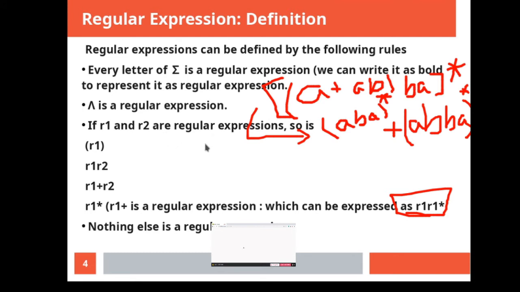If R1 and R2 are regular expressions, then R1 in bracket, that is the factor, the concatenation, the union and the Kleene closure as well as the positive closure are regular expressions. But to represent positive closure, we generally don't use plus. We use this regular expression R1 star to represent the positive closure.